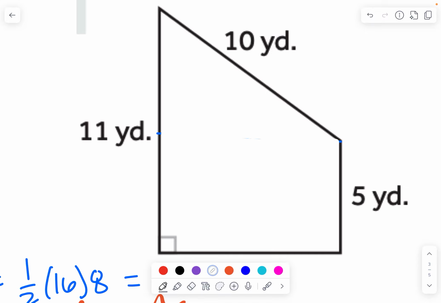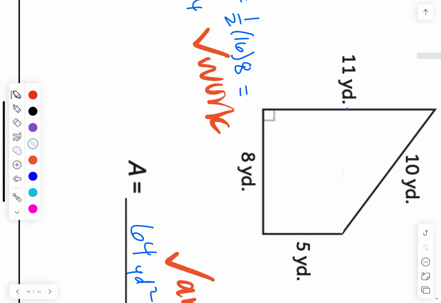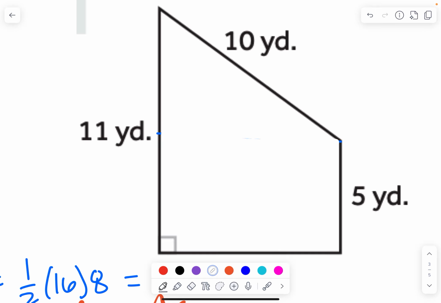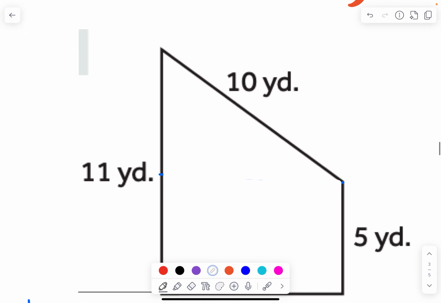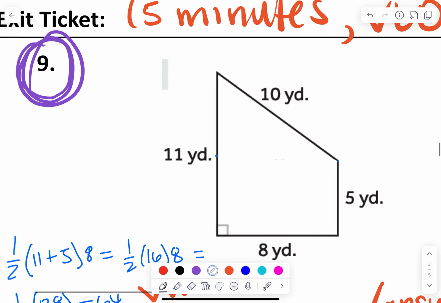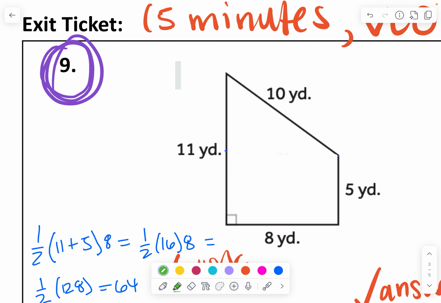And so what they would need to do is literally flip the page over so that they can be able to visualize the trapezoid a little bit better. However, here are their bases. The bases are parallel to each other. So we have 11 and 5.